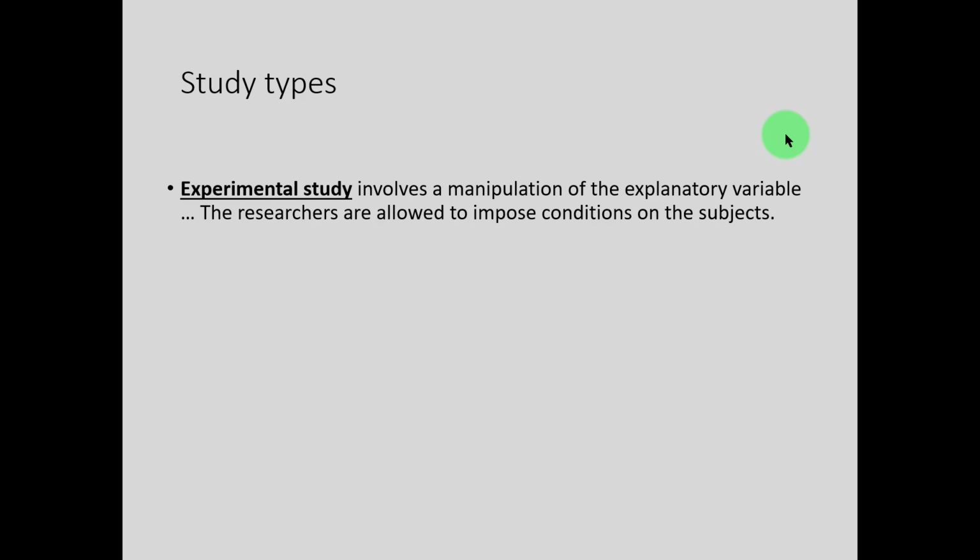An experiment is a study where there's some control being exhibited because the researchers are manipulating explanatory variable or variables or imposing particular conditions on the study subjects. So this is the classic lab environment, but it does not have to occur in a lab. But if you think of a lab, you know things are very controlled and accounted for. Experiments. We'll look at an example shortly.